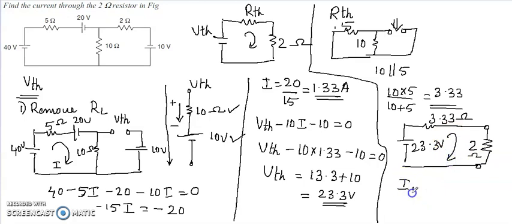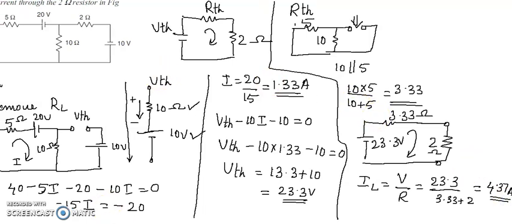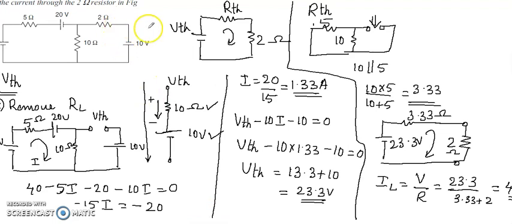That is IL is equal to, for such a circuit we can find the current by total voltage by total resistance. Here the total voltage is 23.3 and the total resistance is 3.33 plus 2, that is equal to 4.37 ampere. So now we have found the current through the 2 ohm resistor.